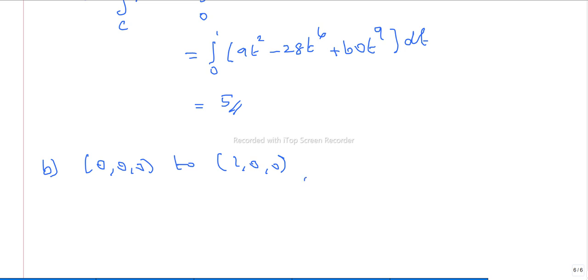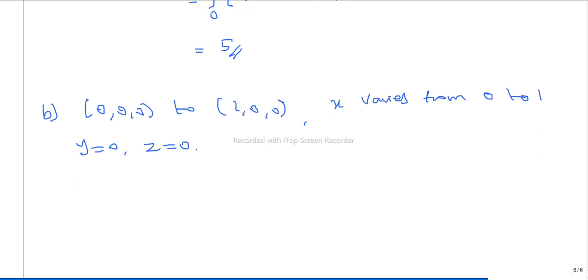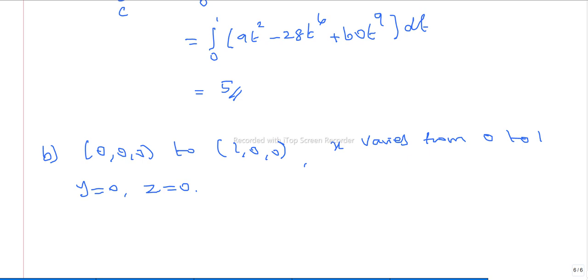Here only x is varying, and the second and third coordinates are not varying, so x varies from 0 to 1 and y is 0, z is 0. Since y equals 0, dy is 0, and dz is 0.